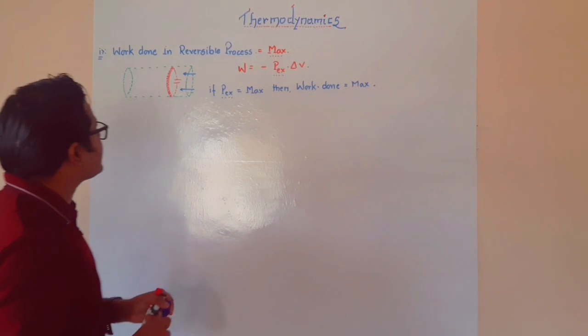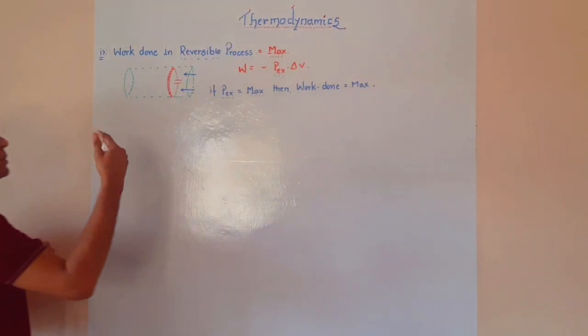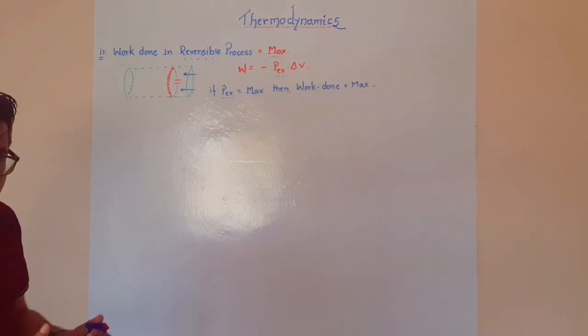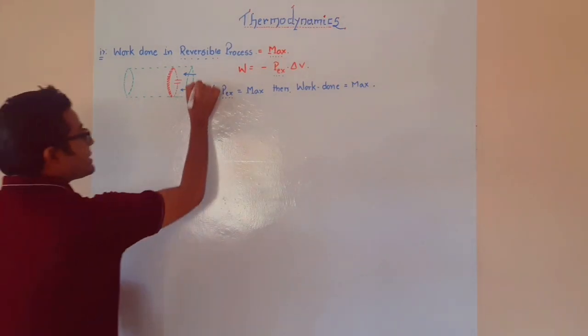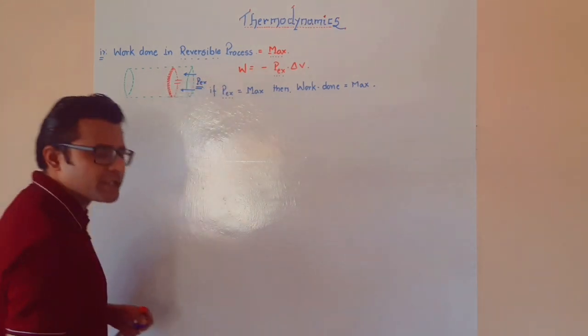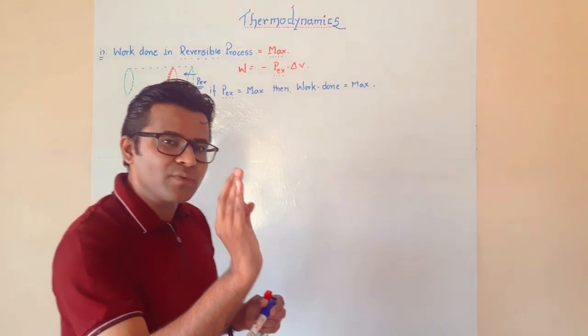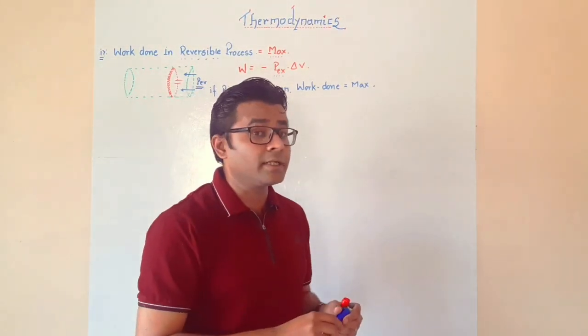Now, let us say that this is a reversible process. In order to take a reversibility condition, let us say that the external pressure that we subject over here is infinitesimally smaller than the internal pressure.